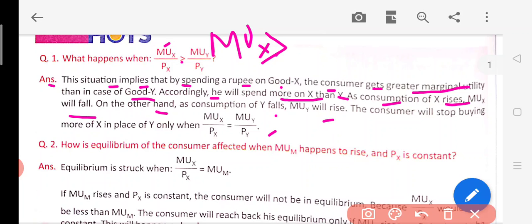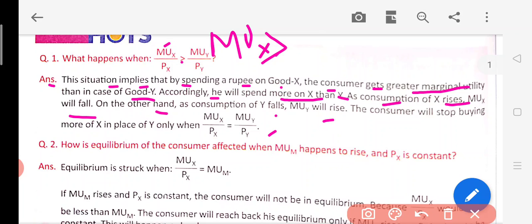Suppose you are going to a restaurant and you order a very good dish like palak paneer every time. On the other side you are neglecting another dish such as noodles, which you also like. Now if you are continuously purchasing palak paneer, what will happen?